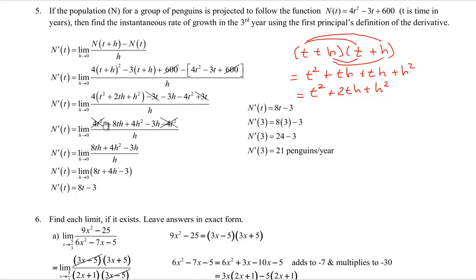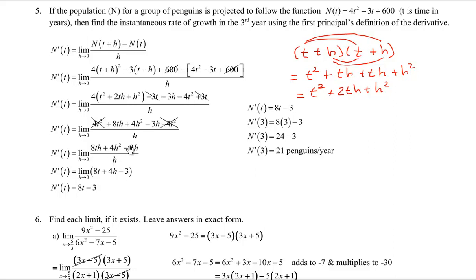So 4 times t squared will be 4t squared. 4 times the 2th is 8th, and 4 times h squared is 4h squared. Minus the 3h, minus the 4t squared, and once again we get something to add to 0. That 4t squared and minus 4t squared is 0, so they're gone. So we just have these three terms, so that's what I wrote here. Didn't do any simplifying from here, just get rid of those.